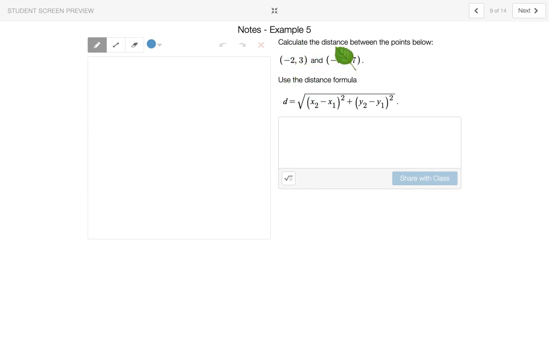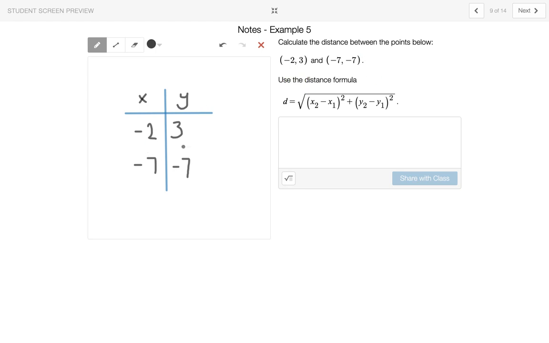Okay, so we want to calculate the distance between these 2 points. We have -2, 3 and -7, -7. So we make a table, and we put both of our points in the table.